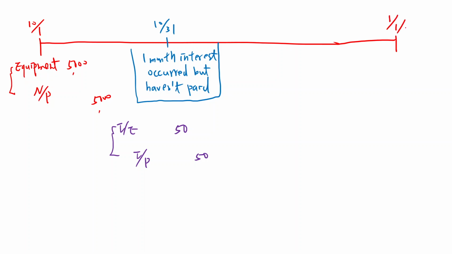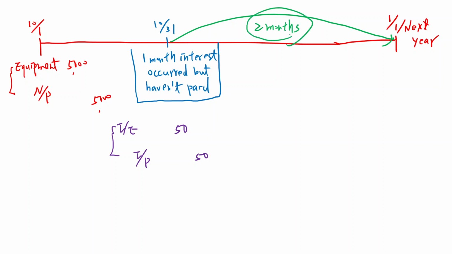January 1st, next year. Still have 2 months passed. So after 2 months passed, eventually we have to pay 2 money, right?